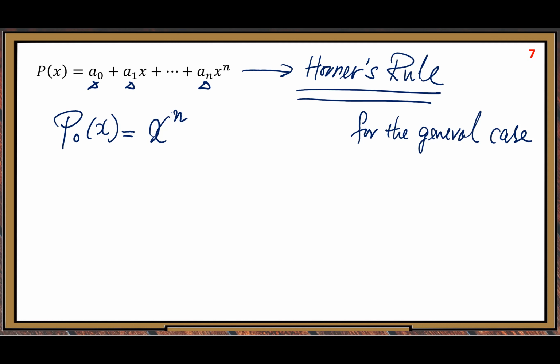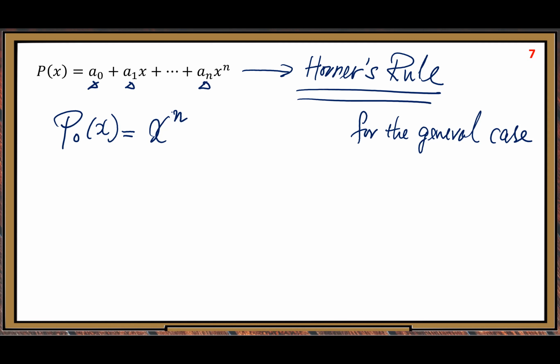That means you can use the special property in this case to get better performance, better efficiency. Think about it, for this special case, if you apply Horner's rule, it's not very good, it's not the fastest way.